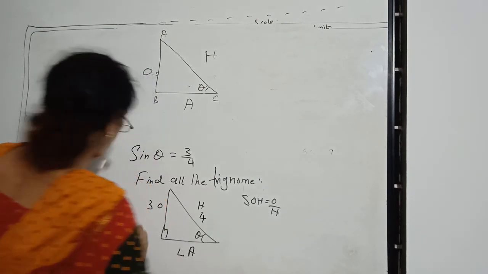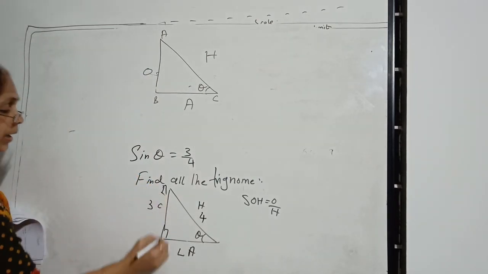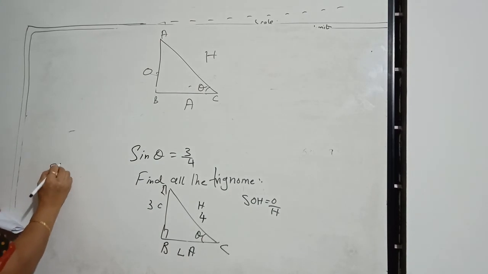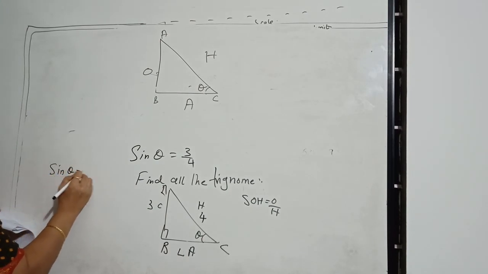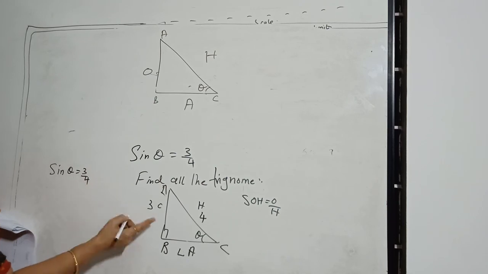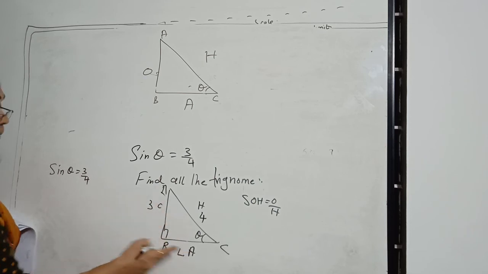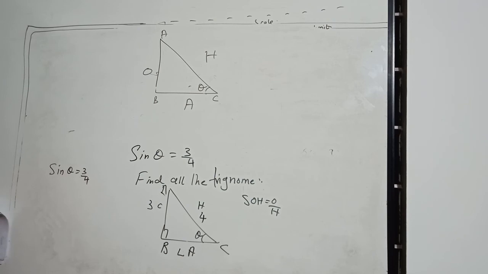So this will be 4. Be careful here. So now A, B, C. Sin theta is equal to 3 by 4. So your theta opposite by hypotenuse. Now you have to find out the value of BC. Now how to find the value of BC?